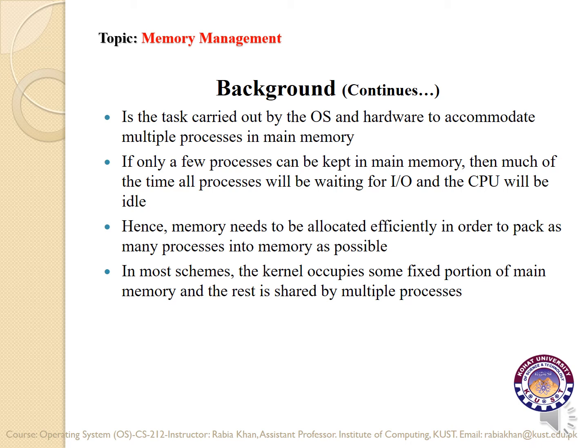If this task is not performed properly or not performed at all, then only one or very few processes will stay in RAM, and among them the majority will be blocked for I/O, and the processor would remain idle most of the time. And this situation can be expensive. So multi-programming or multitasking ensures more than one process stays in RAM at a time to keep both processor and devices as busy as possible.